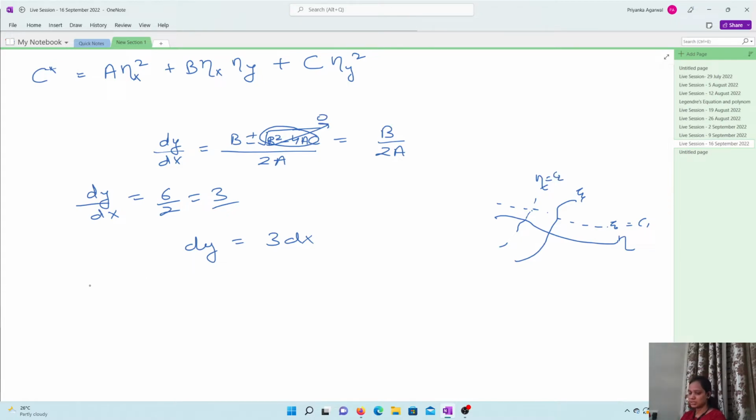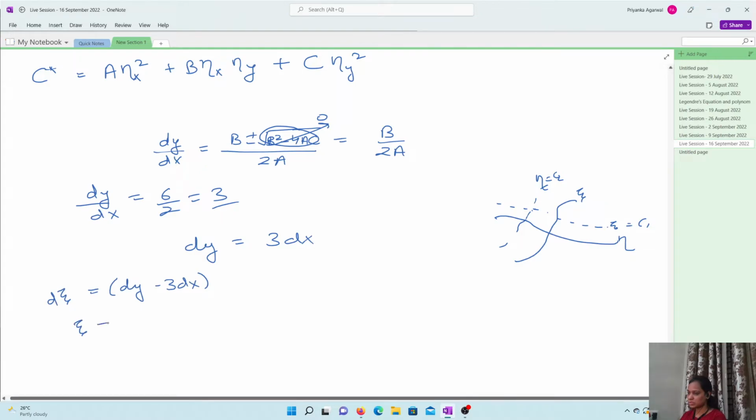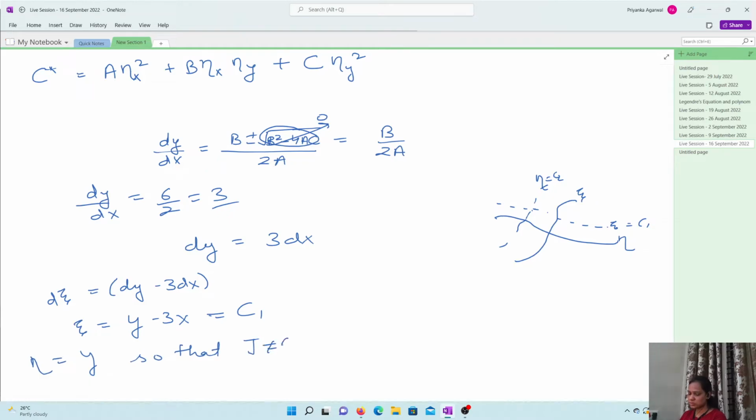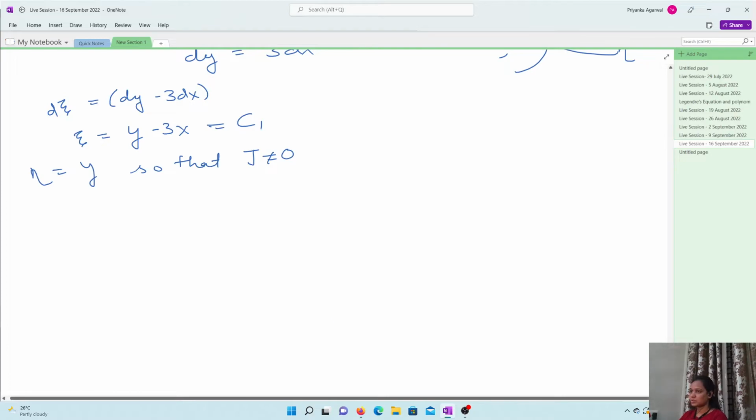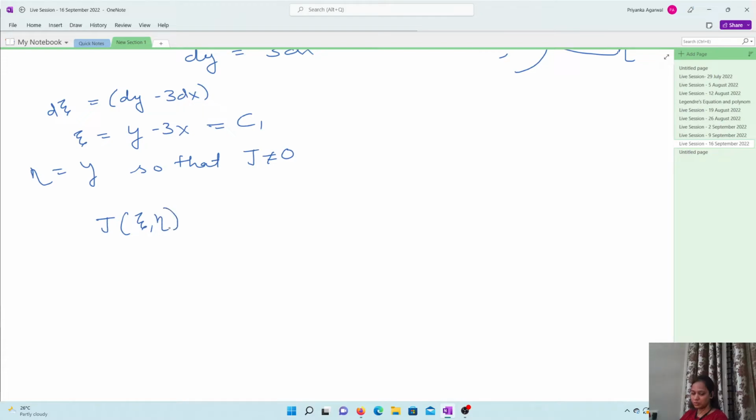In this case, let's choose xi equals dy minus 3 dx. So this xi becomes y minus 3x as some constant, and let neta equal y so that the Jacobian is not equal to 0. So if you see the Jacobian for xi and neta, what will it be?